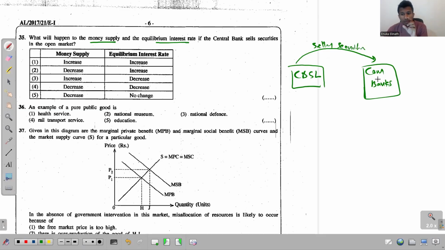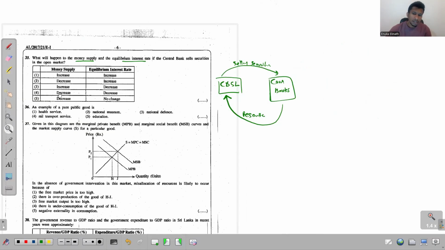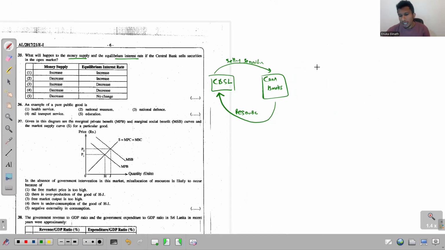And when the commercial banks buy these securities, they pass their excess reserves to the central bank. So reserves get transferred to the central bank. And as a result, what happens to the excess reserves maintained by the commercial banks? That reduces.